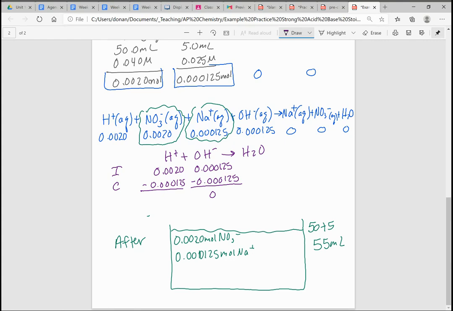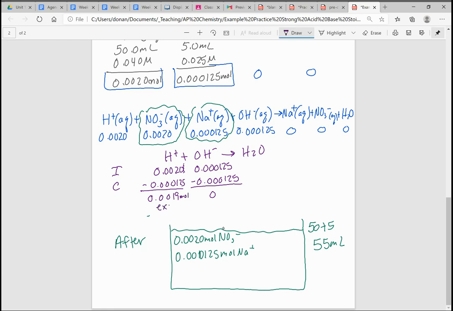So if I do 0.002 and I subtract 0.000125, I get 0.001875, but I have to stop after the 10,000s place there. So I end up with 0.0019 moles of hydrogen left.